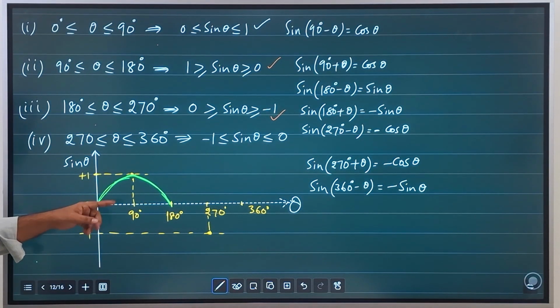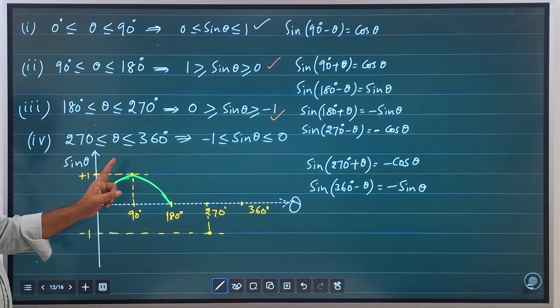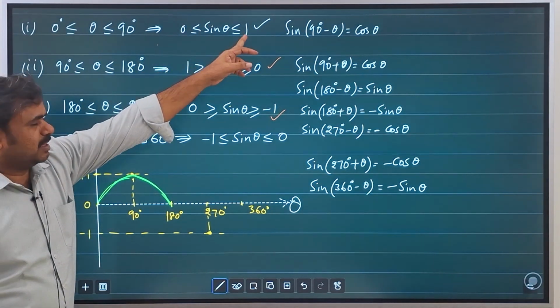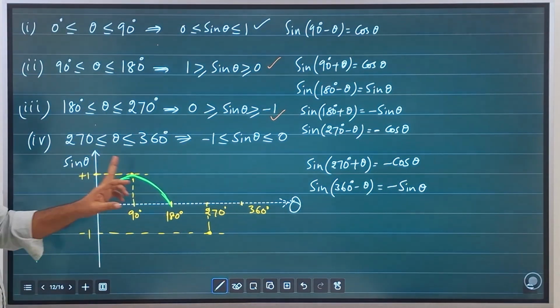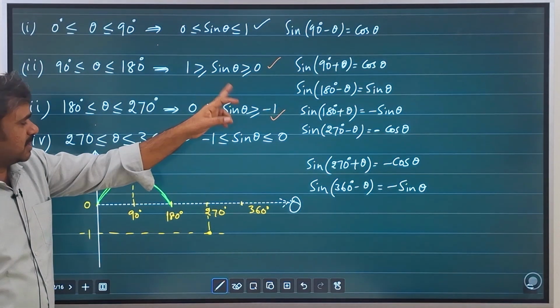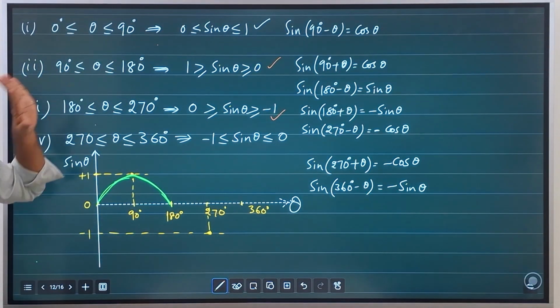So this is in the first quadrant, and the second part of this green line is in the second quadrant. From 0 to 90 degrees, sine theta increases from 0 to 1. From 90 degrees to 180 degrees, sine theta decreases from 1 to 0. It's positive. In both quadrants, the values of sine theta are positive.